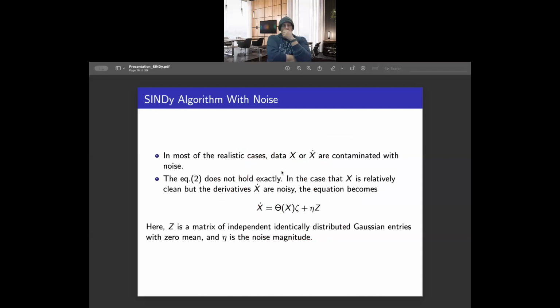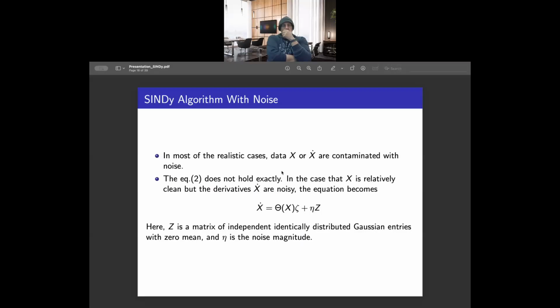As I was saying, in most cases what we have is only the data x, so we don't have the data x dot. Usually we then calculate this x dot, and while calculating it, that is where we get the noise in the x dot data.